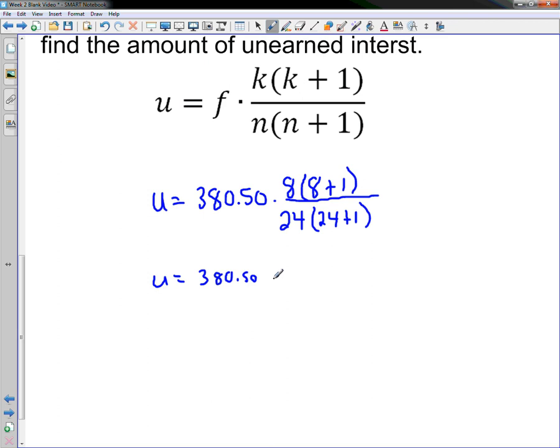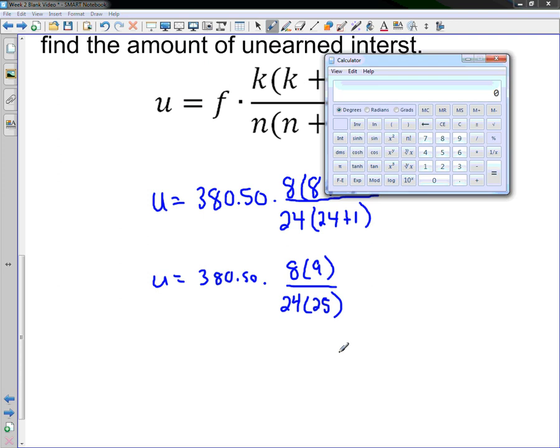$380.50 times 8 times 9. So 8 plus 1 gives me 9 up there. On bottom, I have 24 times 25. Okay. So from here, we're going to probably need a calculator. So let's go ahead and get our calculator out.